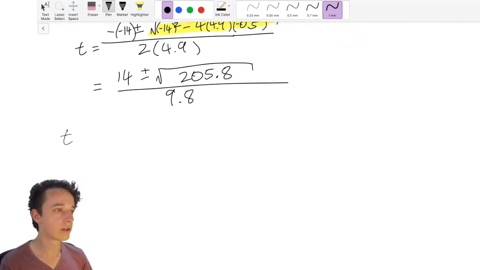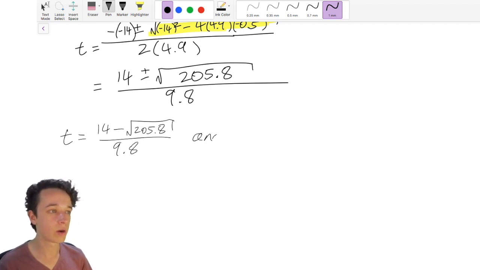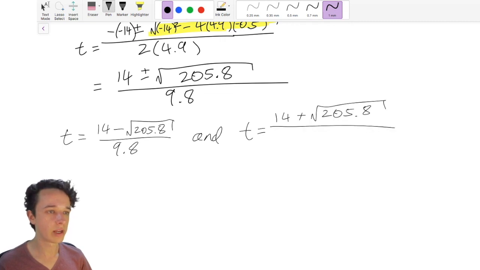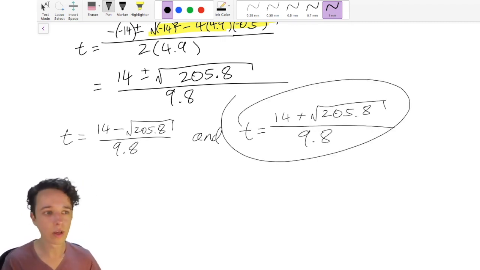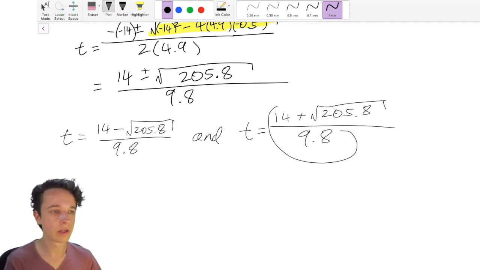So the two t values that we have here: 14 minus the root of 205.8 divided by 9.8, that's one value for t that we have. And the other one is t equals 14 plus the root of 205.8 divided by 9.8. Now we can see right away that this one is definitely positive because we've got a positive number added to another positive number.